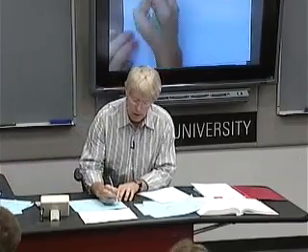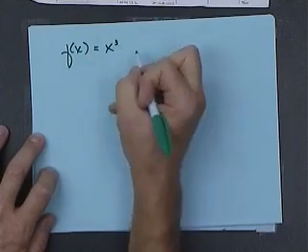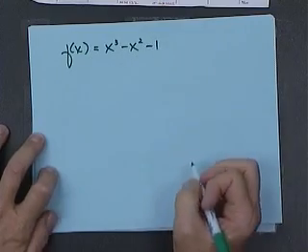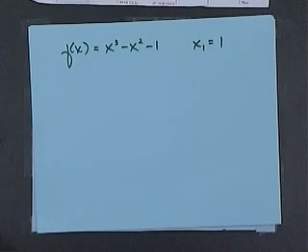All right, a couple of examples. Here's our function. Start with a polynomial. They are actually giving us an initial guess that's supposed to be reasonably close to the actual root.